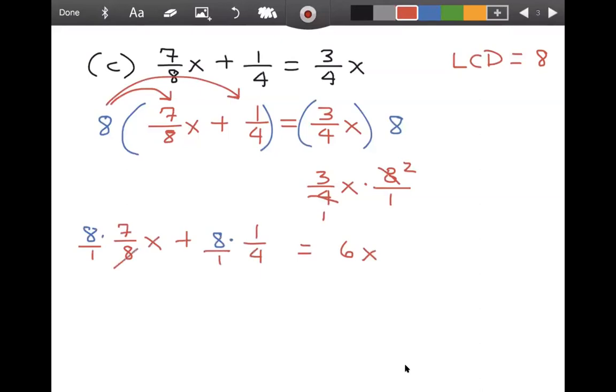In this term, the 8's just completely drop out and leave me 7x. And in this term right here, 4 divided by 4 is 1. 8 divided by 4 is 2. And all that's left is 2. So I don't know about you, but I like this equation a whole lot better than I like that equation.